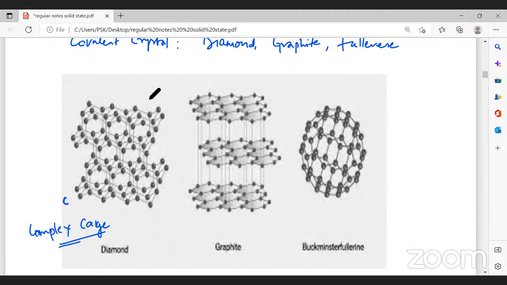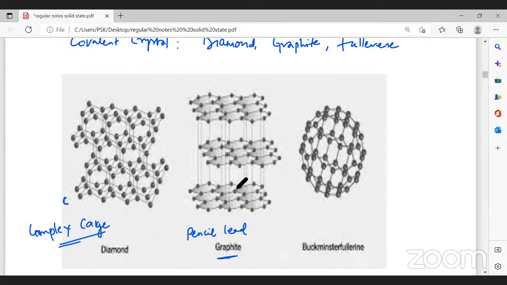The next allotropic form of carbon is graphite. The pencil lead is nothing but graphite. When we write on paper, it leaves a mark because the graphite is in the form of layers. You can see it's in the form of layers. Can you observe this, students, yes or no? Ajay and others? Yes, sir, it is in the form of layers.